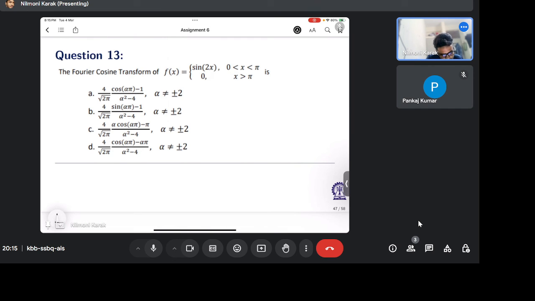So option A is correct actually. They just kept 4 by root 2 pi instead of 2 root 2 by root pi.